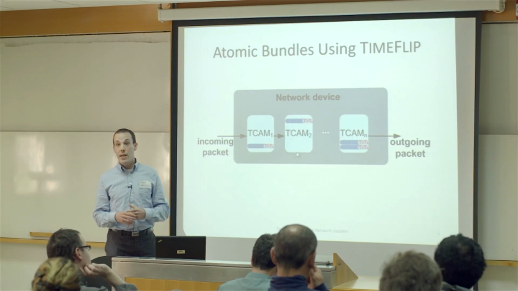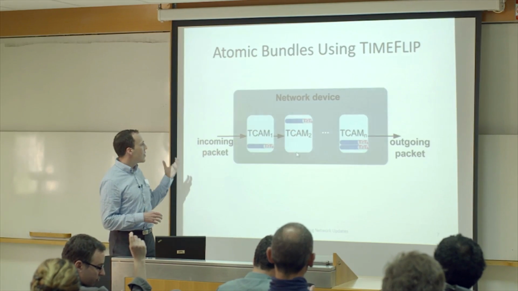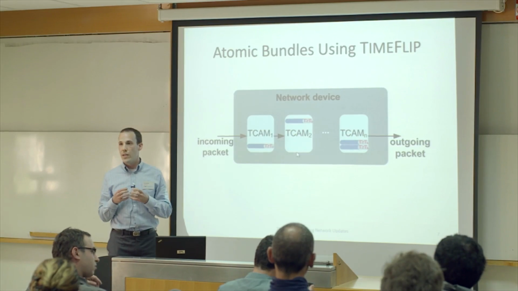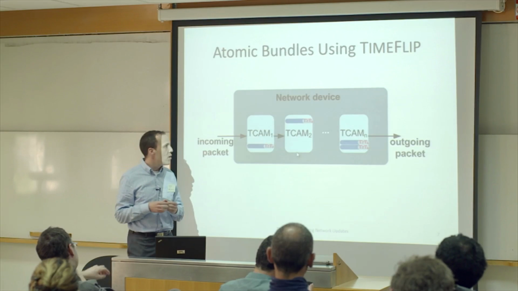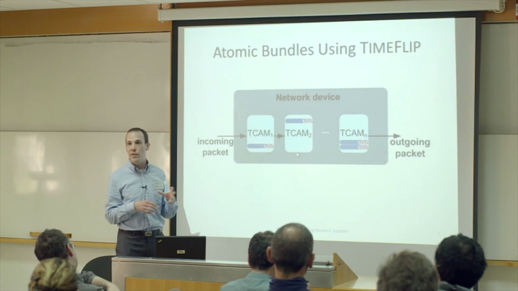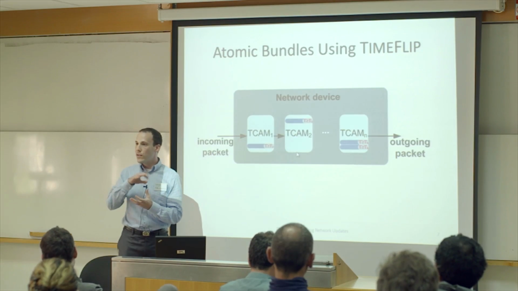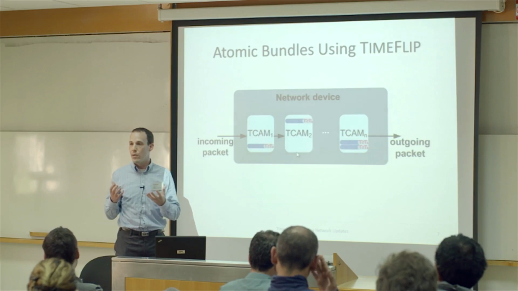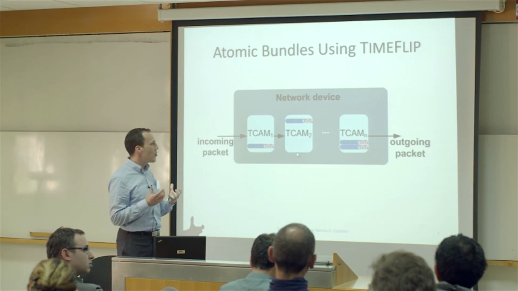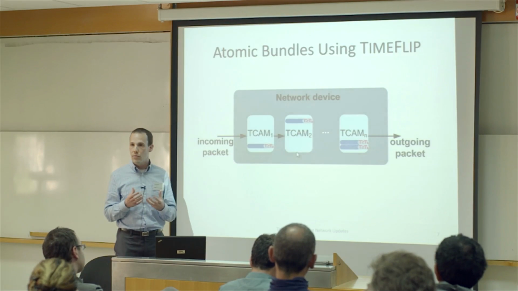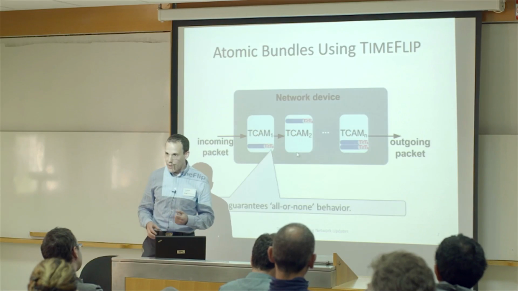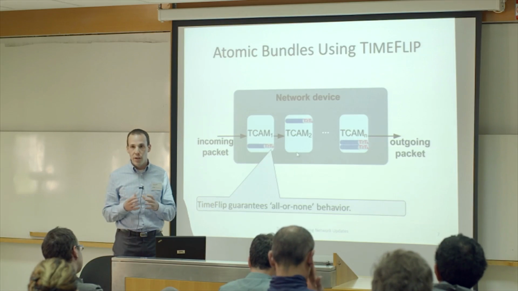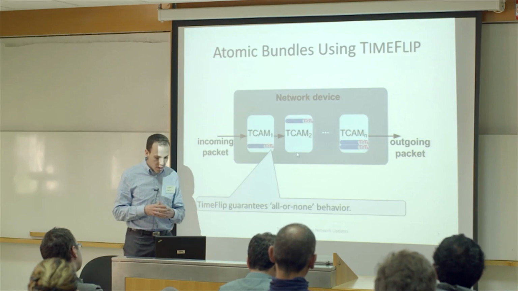Atomic bundles can be implemented with time flips, and the idea is that each of the individual updates in the bundle can use a time flip. So for all packets arriving before T0, all the bundle updates are disabled. And for all packets arriving after T0, all the individual updates are enabled. And that way you get an all or none behavior like we required earlier.